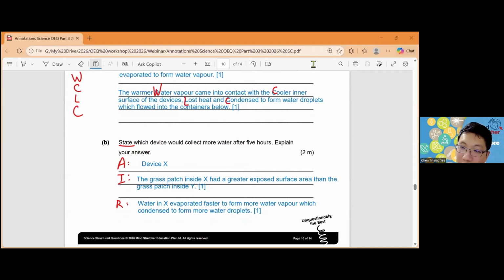It's 9:03. All right. Are you all done? Now, before we move on to the next question, I just want to emphasize that for all this condensation, you must understand what is the cooler surface. Remember, the cooler surface doesn't have to be a solid surface.